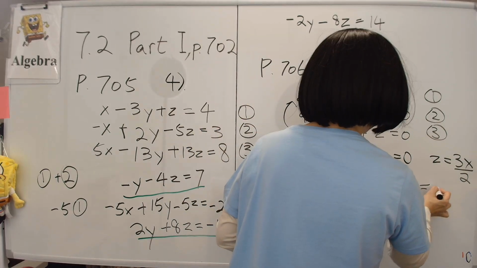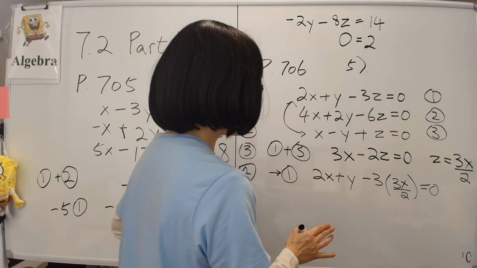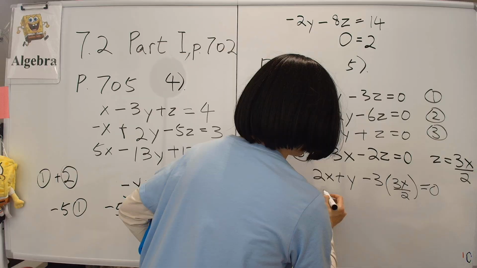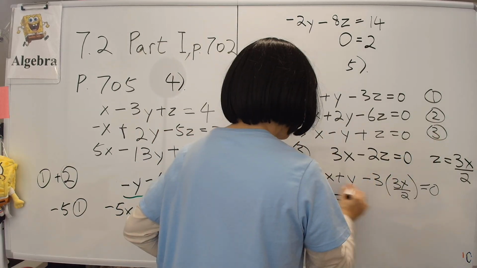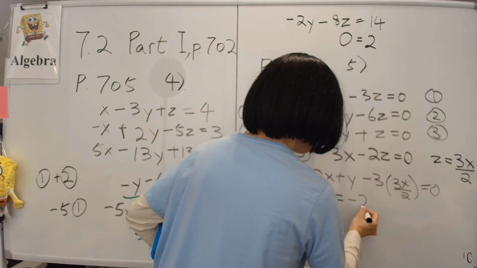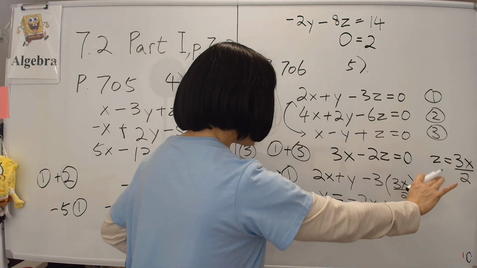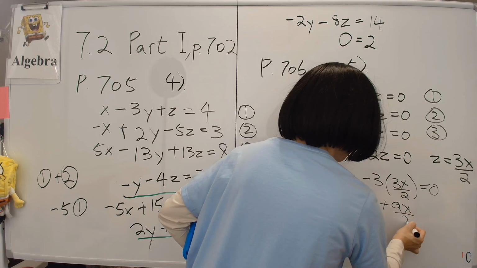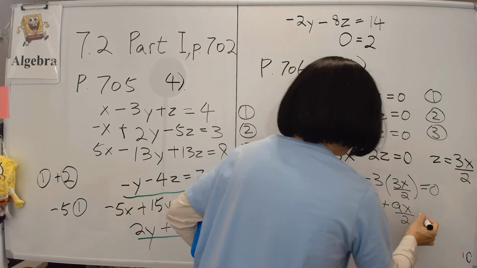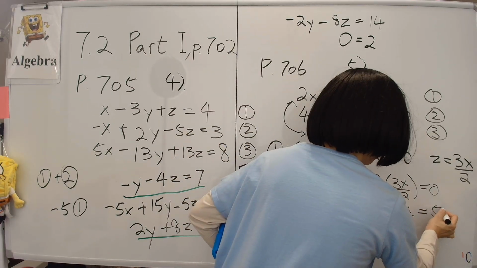Now we are going to solve for y. Throw every x on the other side, so the 2x becomes minus 2x, and this thing becomes plus 9x over 2. That will be equal to 9 minus 4, that's 5x over 2.